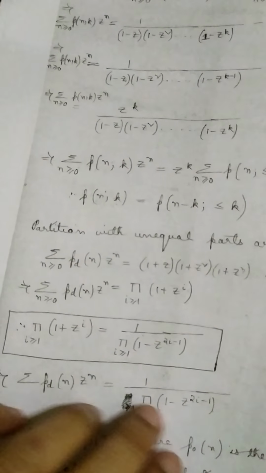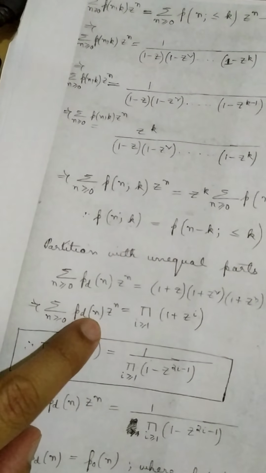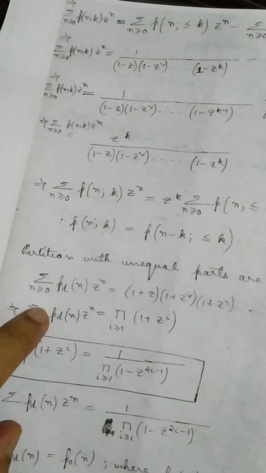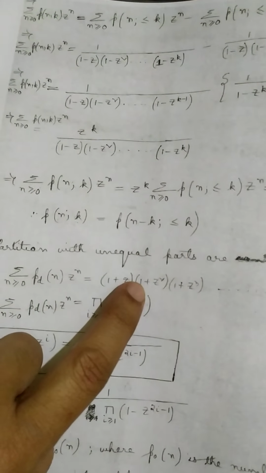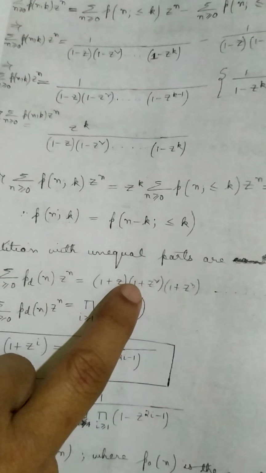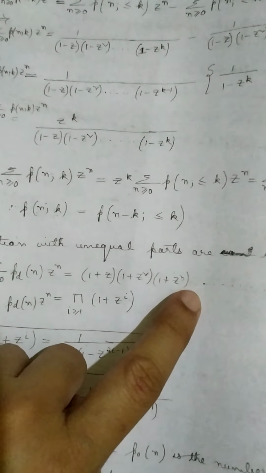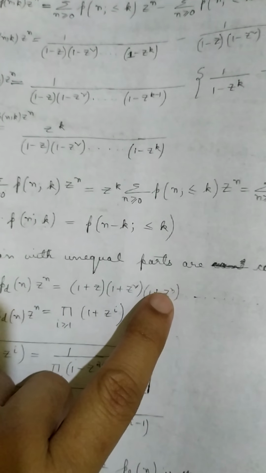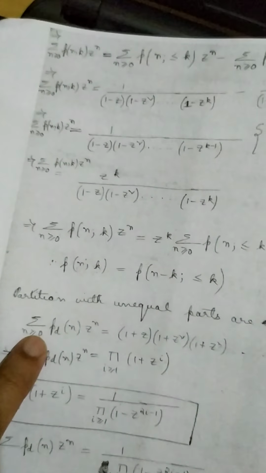Then we discussed another result, for the number of distinct partitions of n. If I expand 1 plus z, 1 plus z squared, 1 plus z cubed, then the coefficient of z to the power n is nothing but the number of distinct partitions of n.